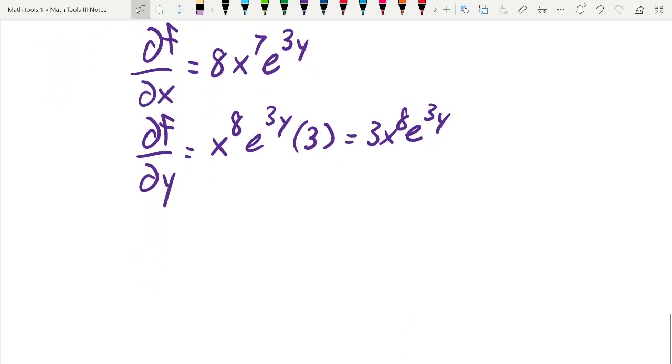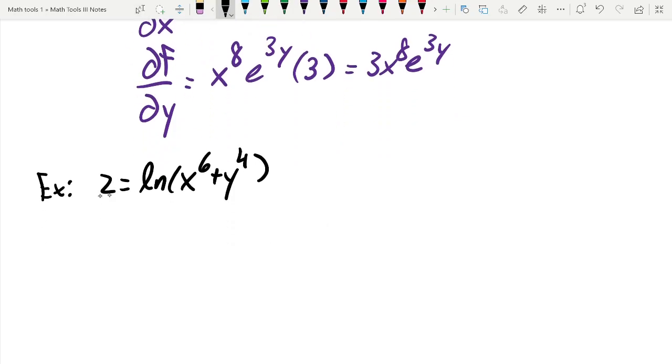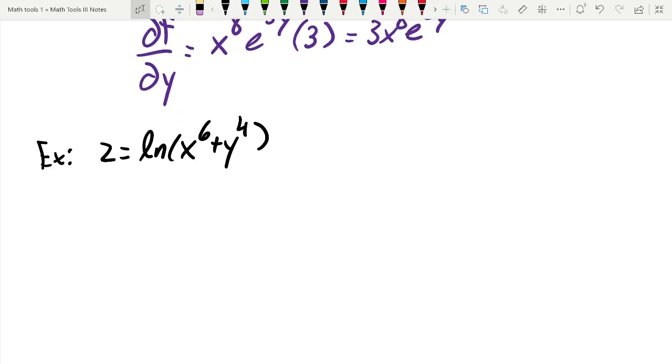So speaking of the chain rule, let's do one which involves the chain rule more prominently. So let's say we have z equals ln of x to the 6th plus y to the 4th. Okay, so sometimes we'll write z equals instead of f of x, y equals, just like sometimes we would write y equals instead of f of x equals for single variable functions.